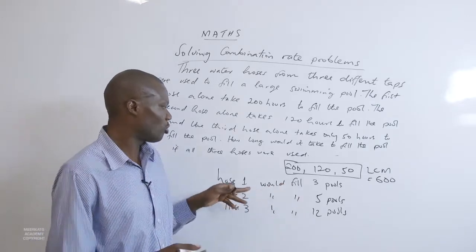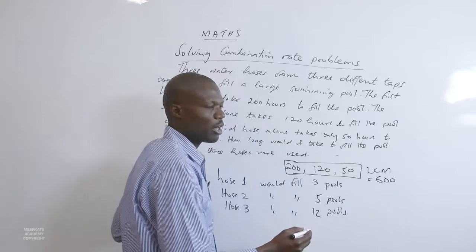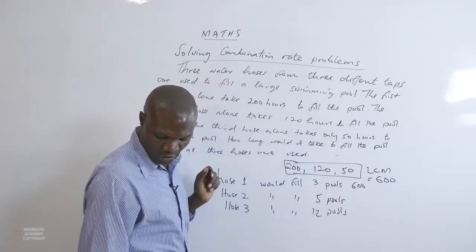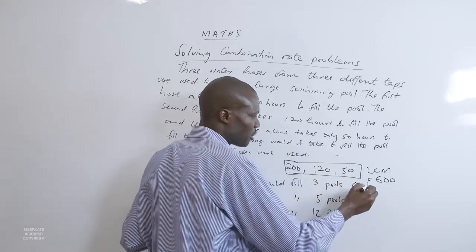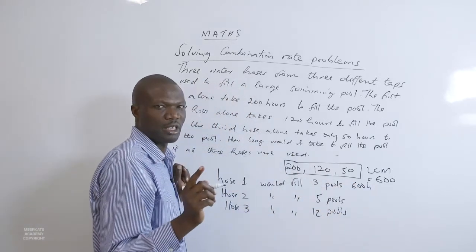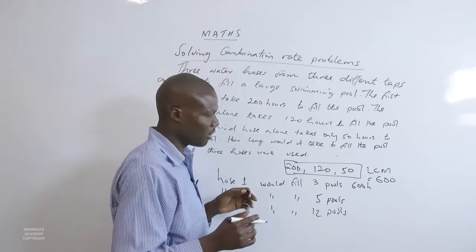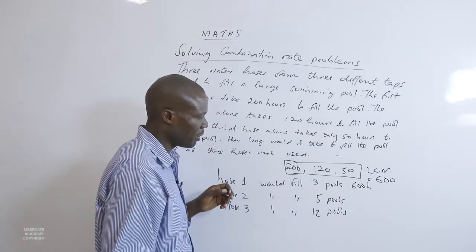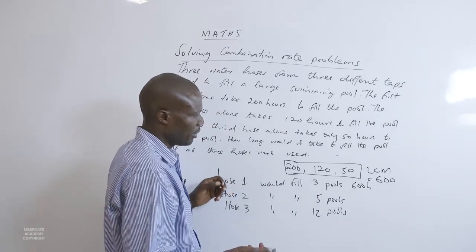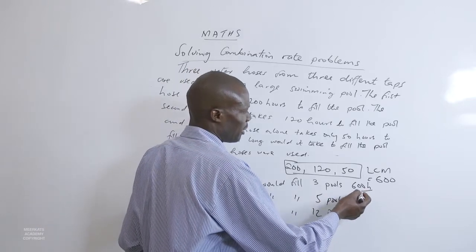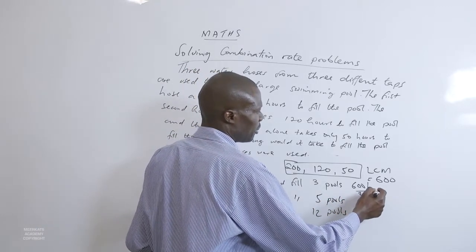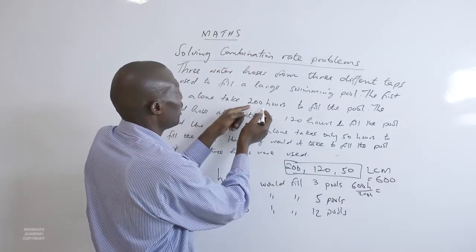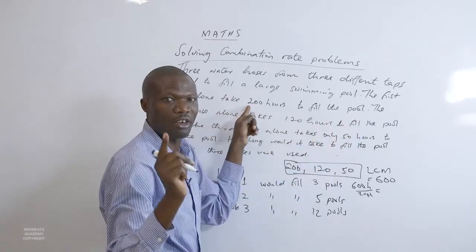How are we getting this? We have said it is our least common multiple, which is 600. Remember, we are talking of hours because this is about rate, so the units are very important. And then this one divided by what we have, which is 200. Again, you find that the 200 is hours. It will give us the number of pools, because from this question, 200 hours fills 1 swimming pool.